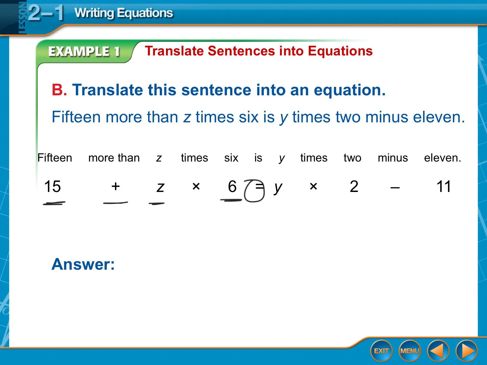Minus, subtraction, 11. How do I write that all in one? Yep, work left to right. So I have 15 plus z, z times 6. So I'm actually going to write 6z. Is equal to, what do I write next? 2y. 2y minus 11. Boom.